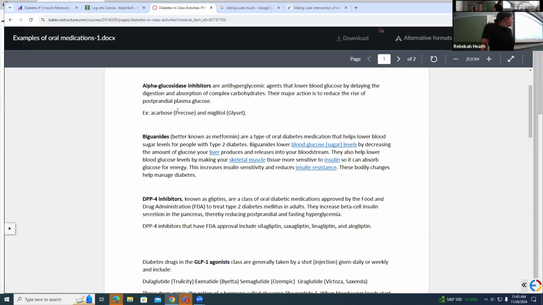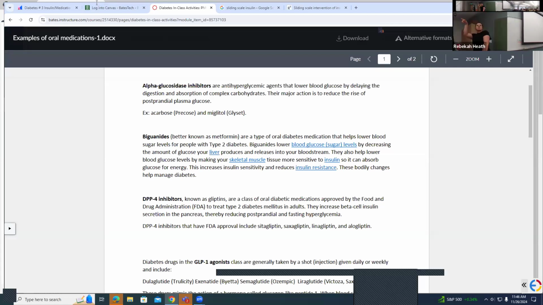We have 15 minutes, do you want to do a case study or name that patient? Okay, raise your hand if you want to do case study. And raise your hand if you want to name that patient. Okay. Case study it is. All right, so let me get it pulled up. We're going to work in the same groups that we did the insulin timeline.